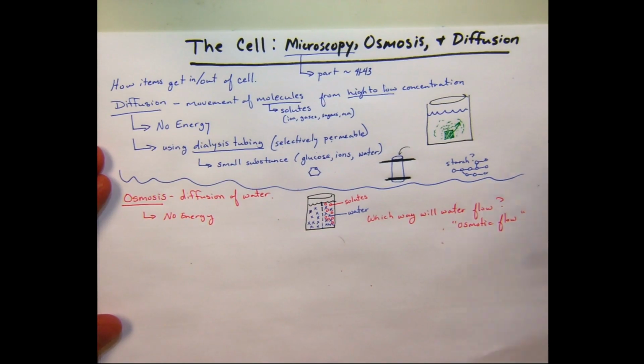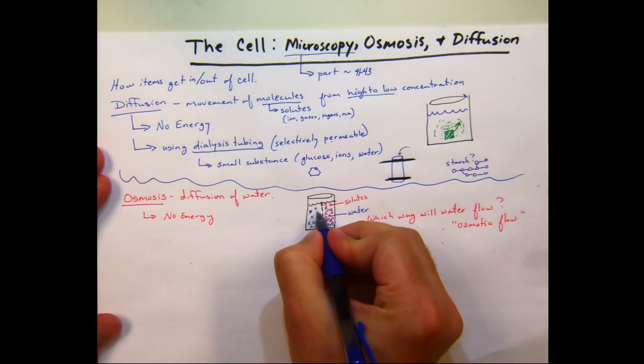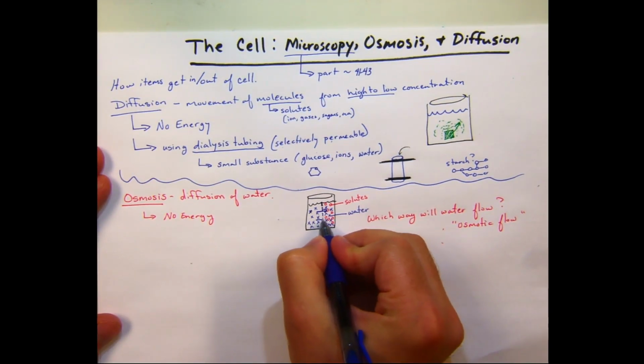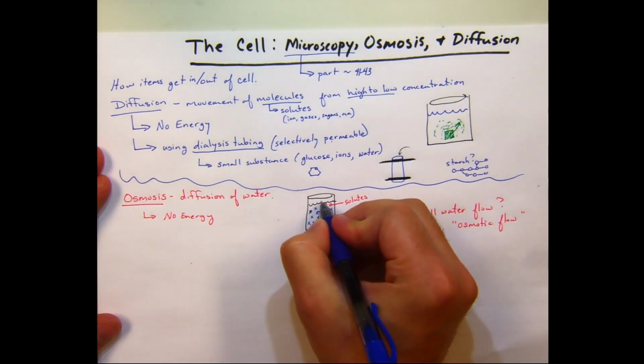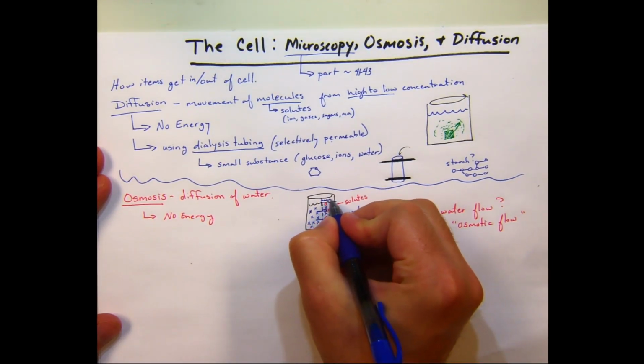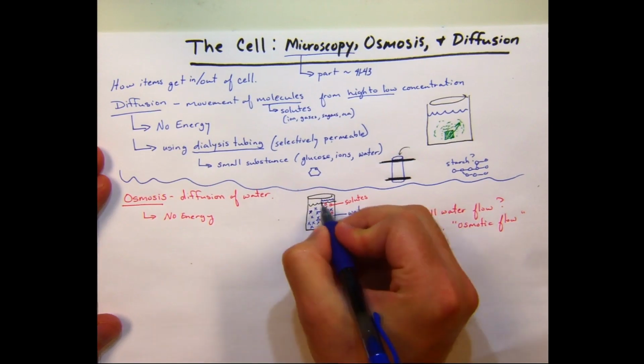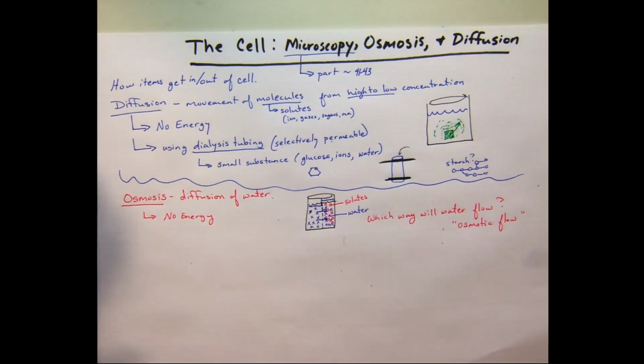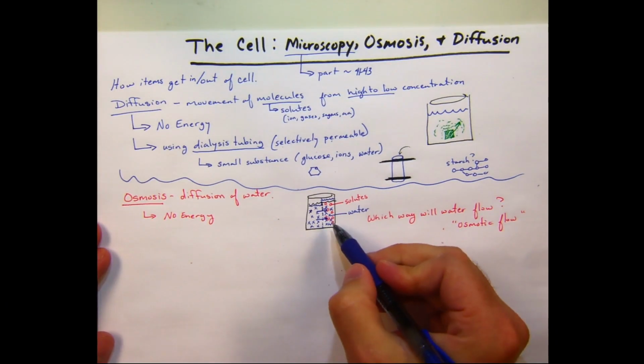And the answer would be the water would go in that direction. And sometimes the water level on one side may increase while the other one decreases. So it's going to where there's a higher concentration of solutes.